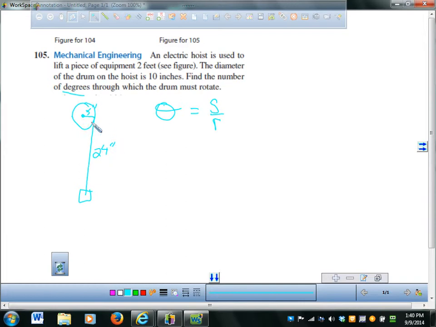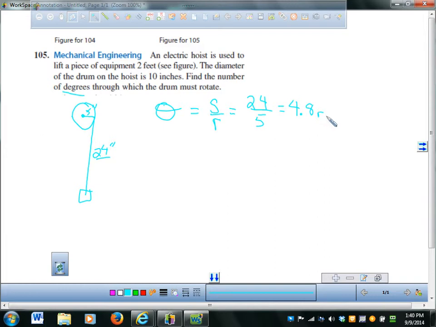This cable is going to wind itself around this wheel 24 inches. So this number is S, which is the arc length. So I'm just going to put 24 up here, and I'm going to put R, the radius, which is also in inches, down here. And since theta in radians is the ratio of S to R, I just plug that into my calculator and I get 4.8.